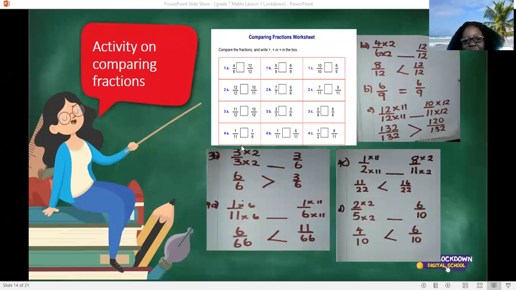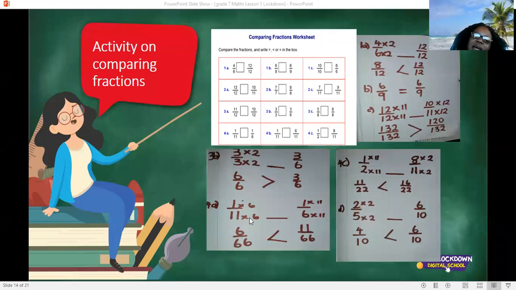And then number 4A. Okay, let's dwell on that one. So we are comparing 1/11 and 1/6. Different denominators. Yes, we might be having the same numerator, but we have different denominators. So for you, maths has to make sense. So for you to prove this, I've given you strategies. You can use a strategy. Here, I decided to use the cross multiplication strategy. So I took the denominator of this side and I multiplied this side.